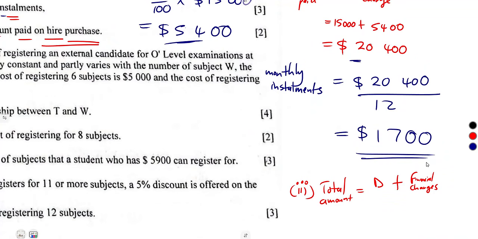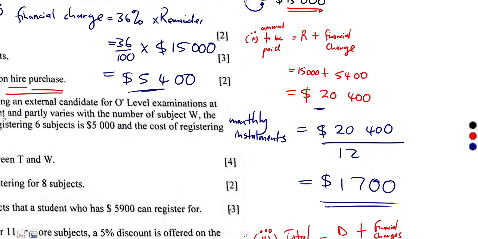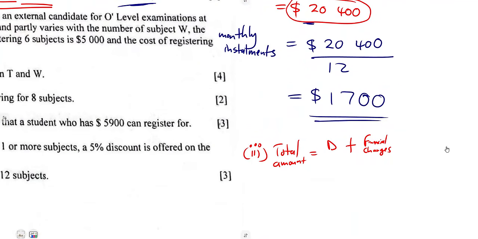So let us take both the financial charge and the remainder paid, the amount to be paid monthly. Here we just take the 20,400, the financial charge plus the remainder, and add the deposit.